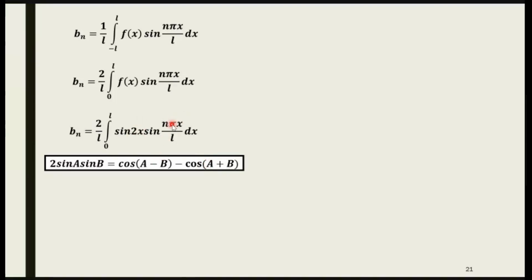B is n pi x by L. It is not plus here. In between, minus you will get. Sin A sin B is the second term when we expand cos A plus B and cos A minus B. When we subtract, the cos A cos B term gets cancelled and the answer will be sin A sin B. It is cos of A minus B minus cos of A plus B.